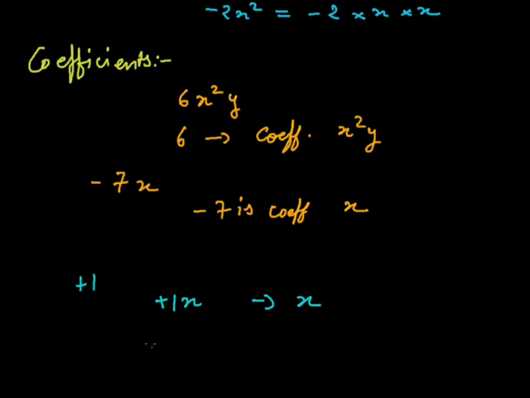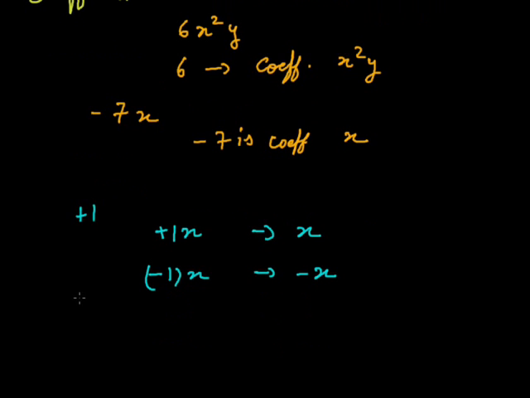Again, if I have to write minus 1x, I am not going to write minus 1 in front of x, I will just write it as minus x. It's understood that the coefficient of x here is minus 1. Again, if we have to write minus 1 x square y square, I will simply write it as minus x square y square.